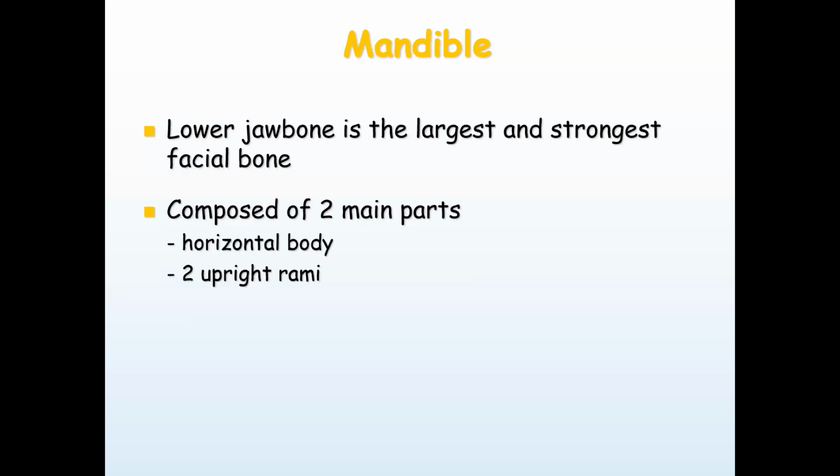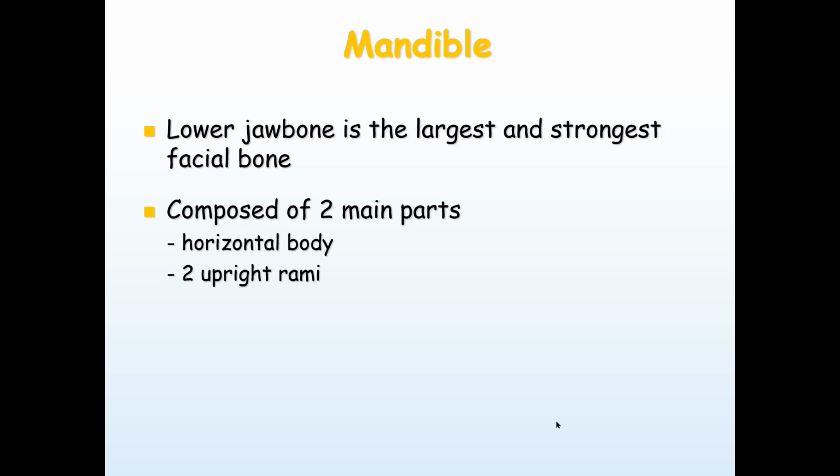Strength is relative. It mentions here that your mandible is composed of two main parts: the horizontal body, which of course is where you're going to have the teeth, and the upright rami. The rami are important because they help to form the joint with the maxilla, right?